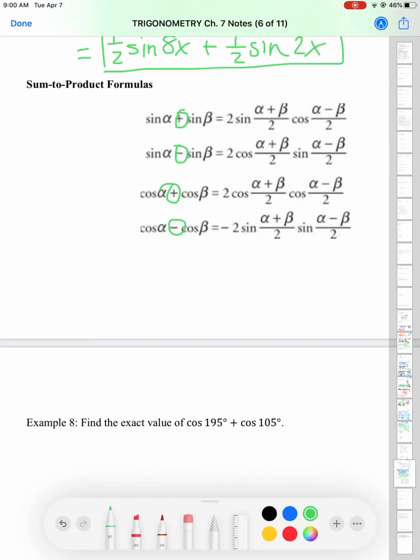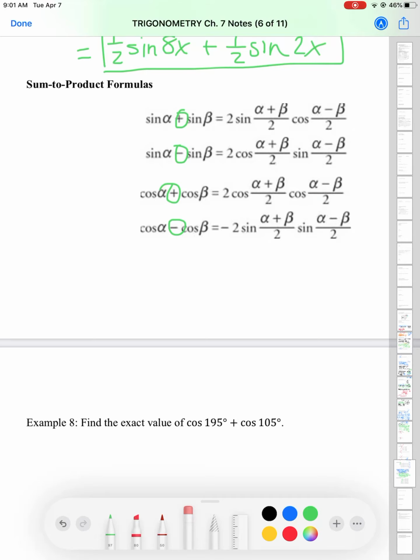So I know this is kind of confusing, and pay attention, this one has a random negative sign out front. So just pay attention to your formulas. This would be the first piece, and then this would be the second piece. So just pay attention to that. But really, just identify your alpha, identify your beta, and plug them in and go from there.